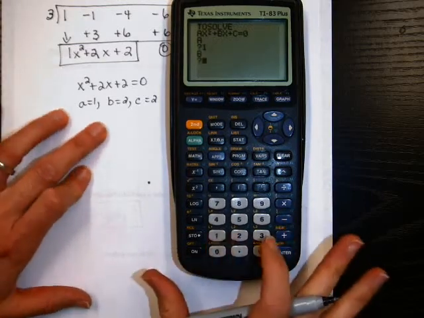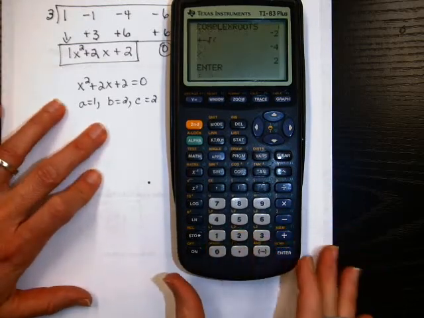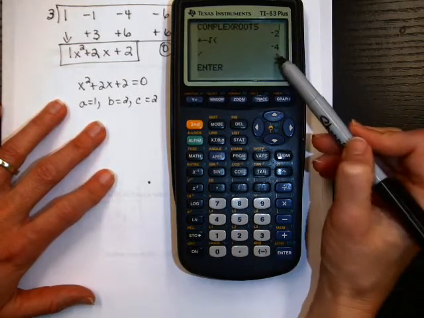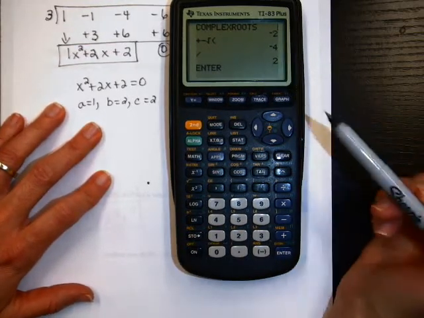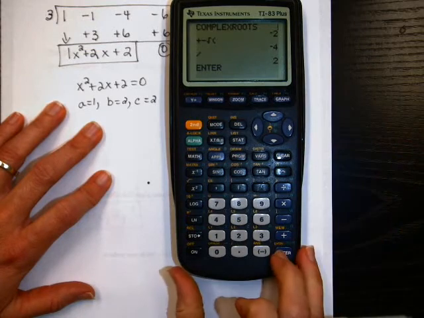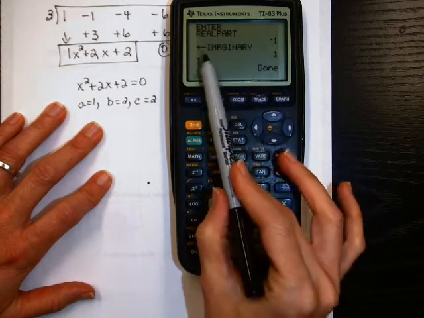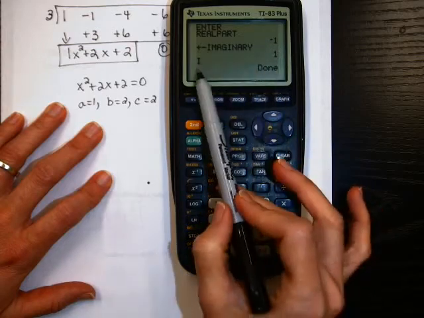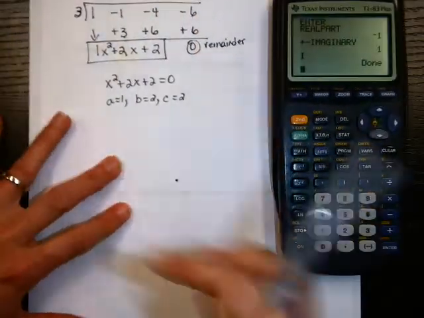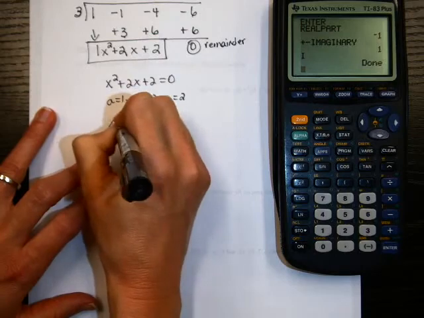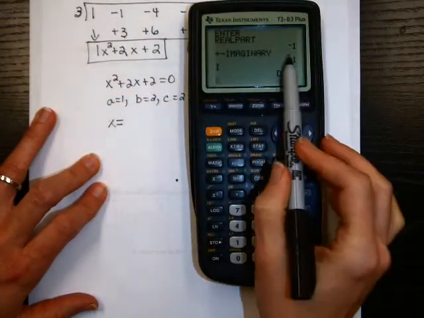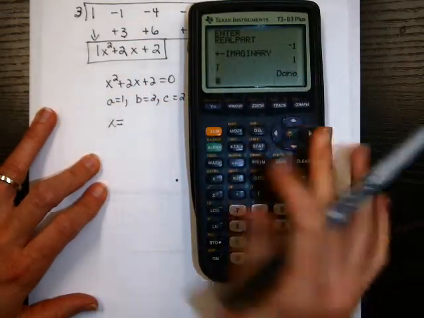A is 1, B is 2, C is 2. Notice I'm going to have a negative under my radical here, and so we hit enter again, so we have negative 1 plus or minus 1i is how I would write that answer. So x equals, again, negative 1 plus or minus 1i.